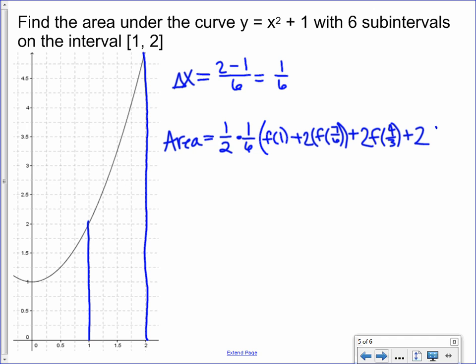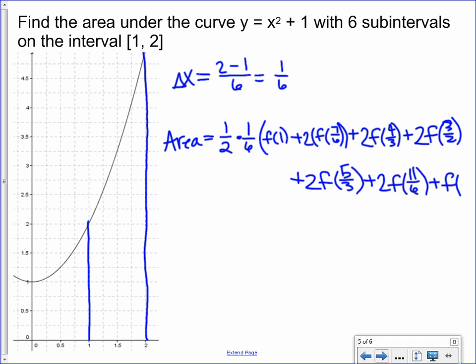Our next base would be f of 9/6, which is 3/2. Our next base would be 5/3, because it's 10/6. Our next base would be 11/6, and then our last base would be when x is 2. Okay, so those are all the function values we need to find.